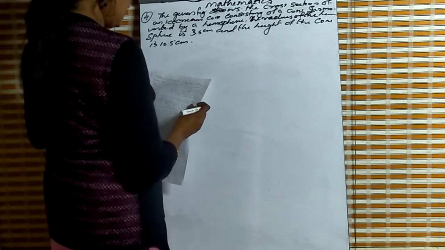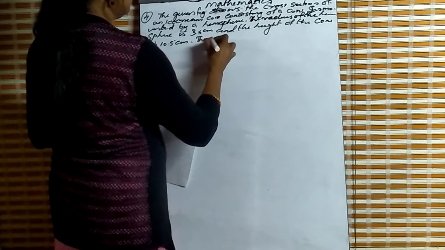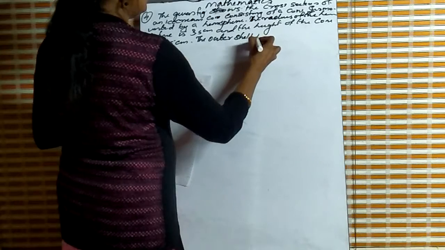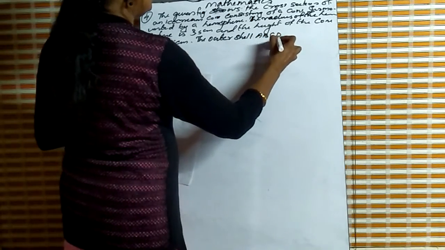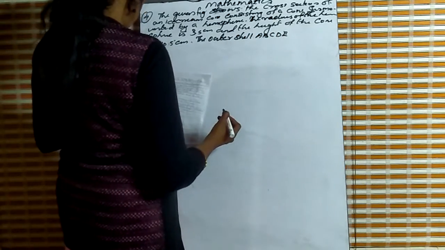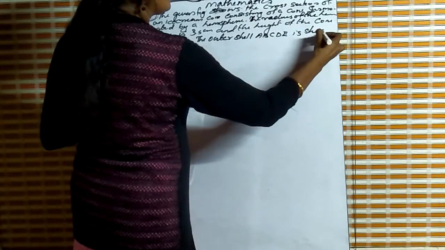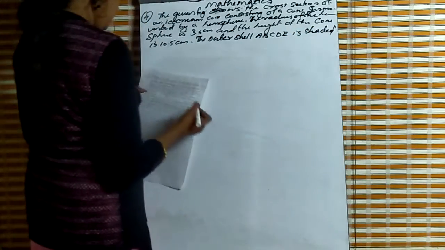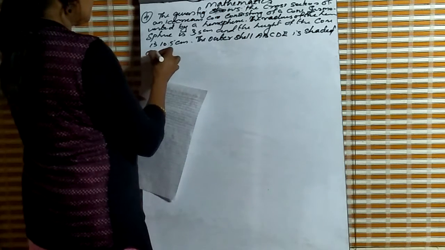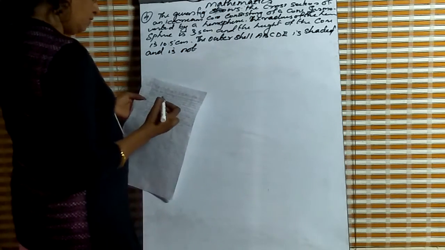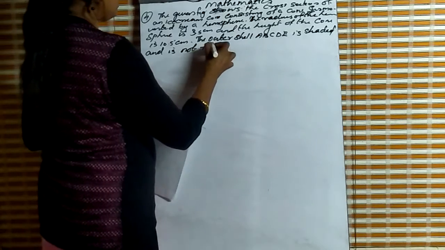The outer shell A, B, C, D, E is shaded and is not filled with ice cream.